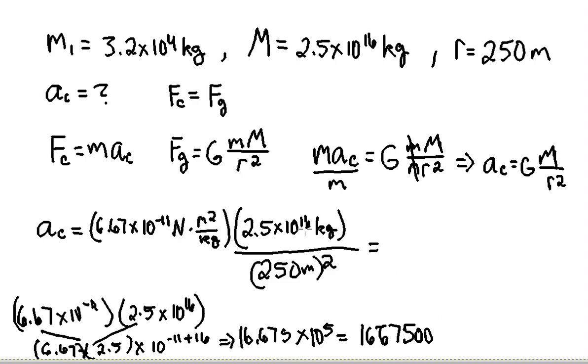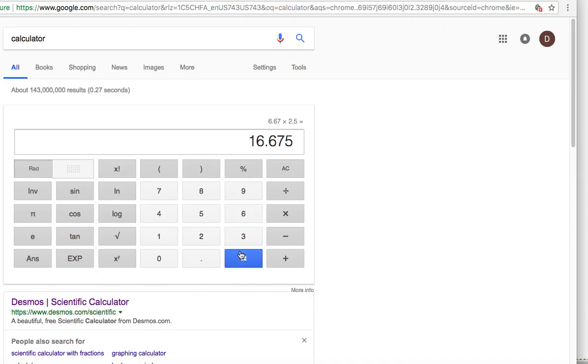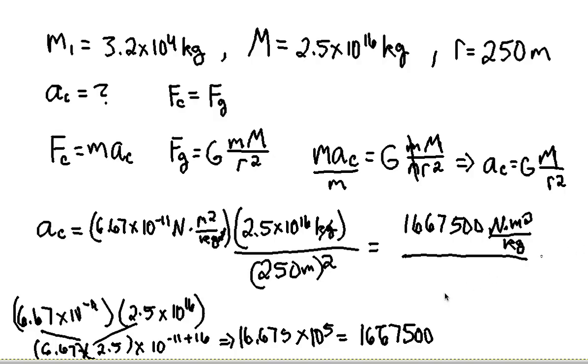So let's rewrite this. Kilograms cancels out with these square kilograms. 1,667,500 newtons times square meters divided by kilograms, all divided by 250 squared, and that gives me 62,500 square meters.